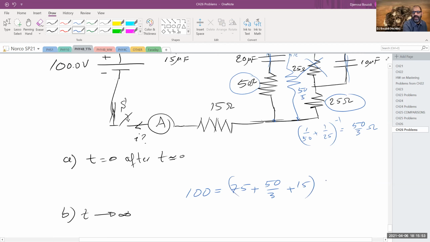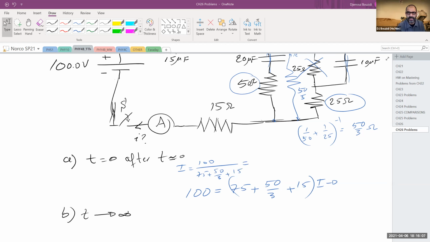And this whole thing times I will give me the current. I is equal to basically 100 over that whole bunch of stuff, which is 75 plus 50 over 3 plus 15. If I do the calculator, I'm going to leave it as 50 over 3. I'm not going to replace it by its value. 100 divided by open parentheses 75 plus 50 over 3 plus 15 and close the parentheses.